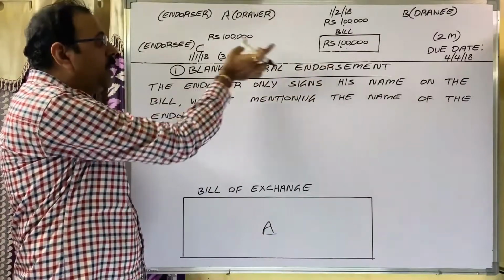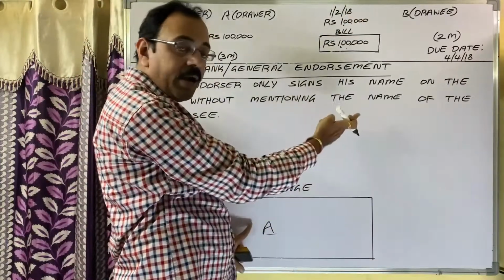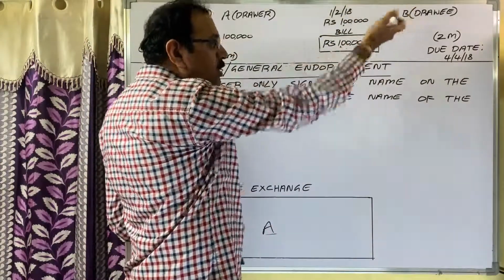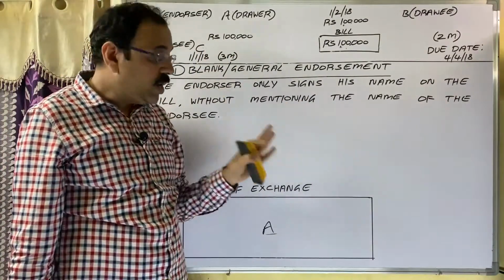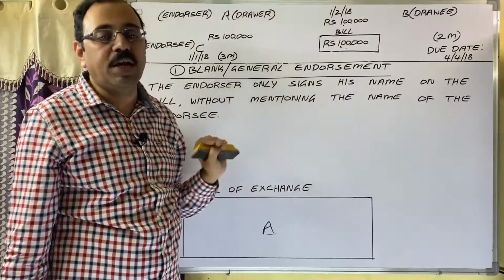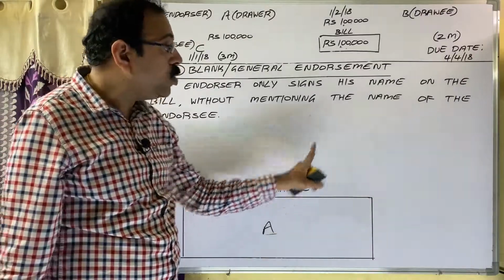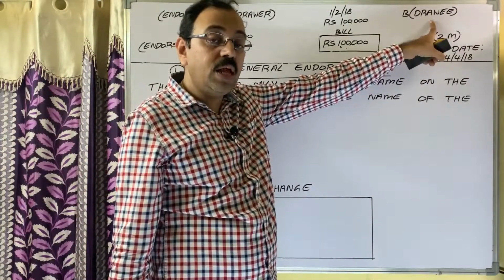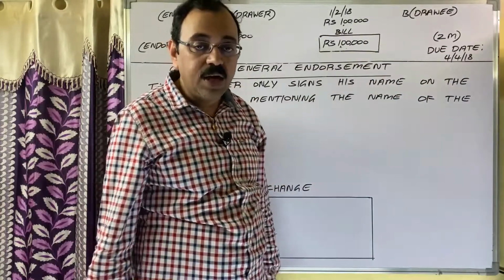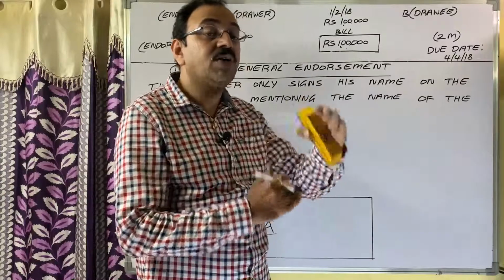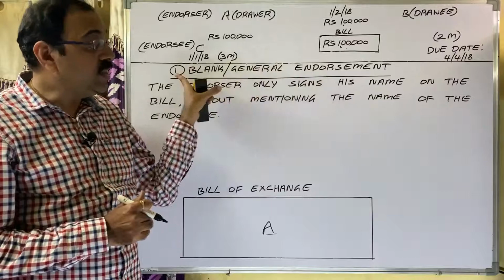If on the due date C possesses the bill, then C goes to B with this document, C presents the bill, then C takes the money. Suppose C endorses that bill to D. Now D presents this bill and he takes the money. So bearer instrument means what? Whoever goes to the drawee to take the money on the due date, to that person the drawee will pay the money. Thus, an order instrument is converted into a bearer instrument when endorsement is done in this manner.